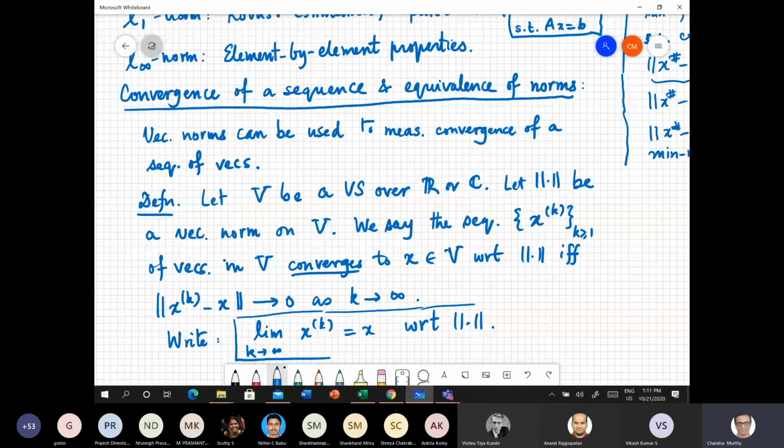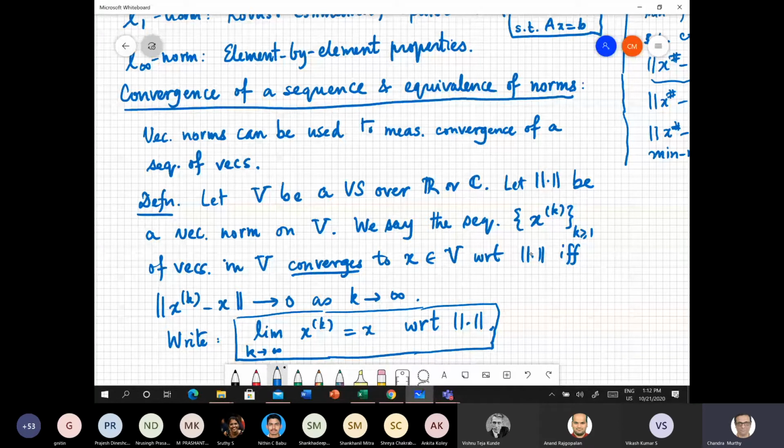One is that in order to define convergence of a sequence of vectors, I need to tell you with respect to which norm I'm asking for this convergence. The second is that if I change the norm, it's possible that this xk will converge to a different point x dash, because it's dependent on which norm I'm specifying here. So the two related questions are, one, is it possible that this given sequence xk converges with respect to one notion of norm but not in another?